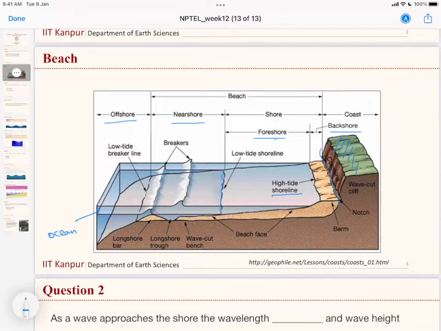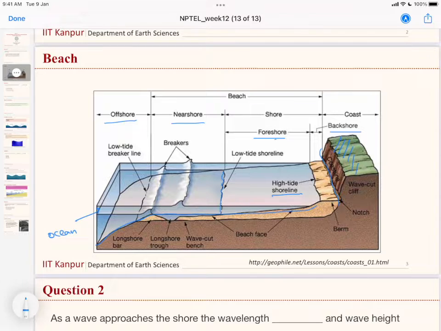You can also see the continental slope, and the shores we have discussed, nearshore, foreshore and backshore, all come on the continental shelf area. This is how you can demarcate them.